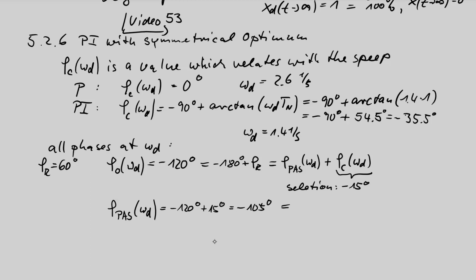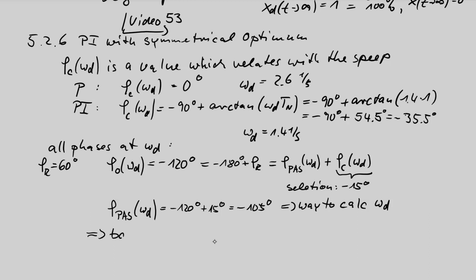This is the way to calculate omega d, because this curve is given, and the cross point with this phase value leads to the value of omega d.